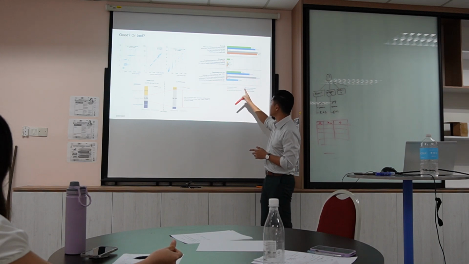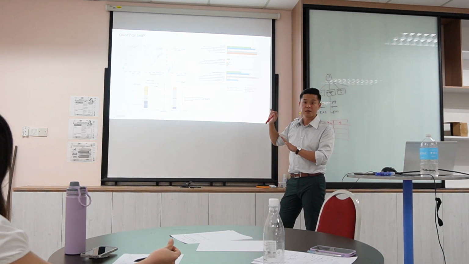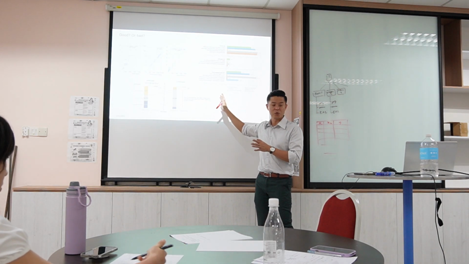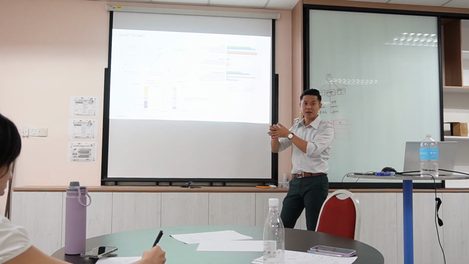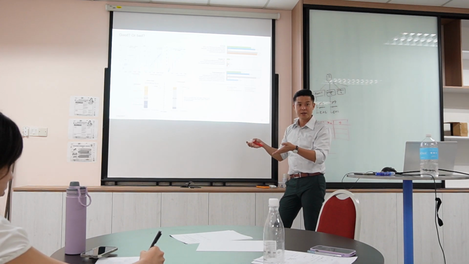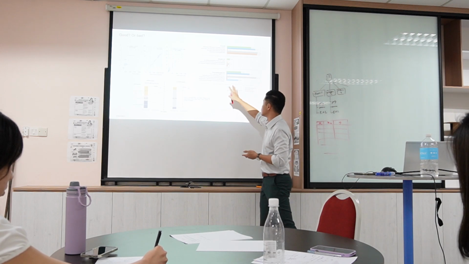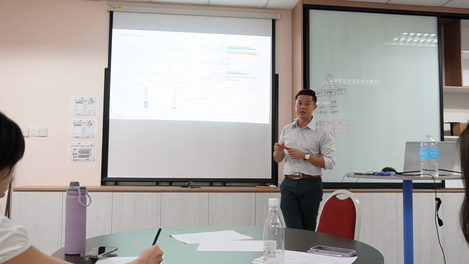But one thing for sure, you see all this while the input and output is always fixed. In none of the charts did we change the input and output, because first of all, we are not in the situation to discuss which input and output we should be looking at. From the beginning we should know that we want to show this input and output, then we choose the chart accordingly.